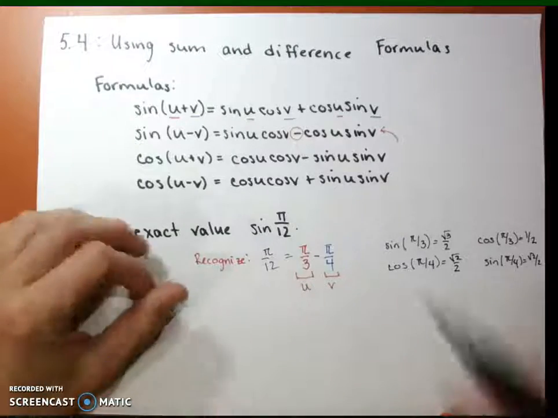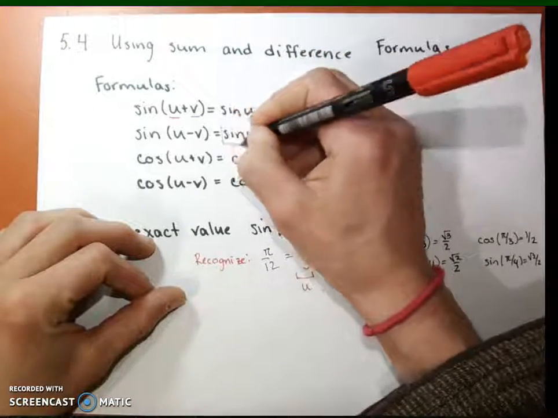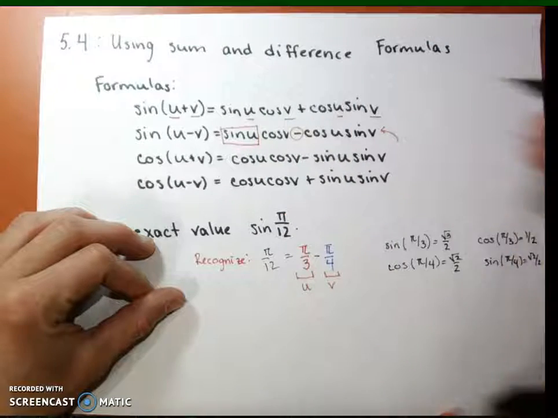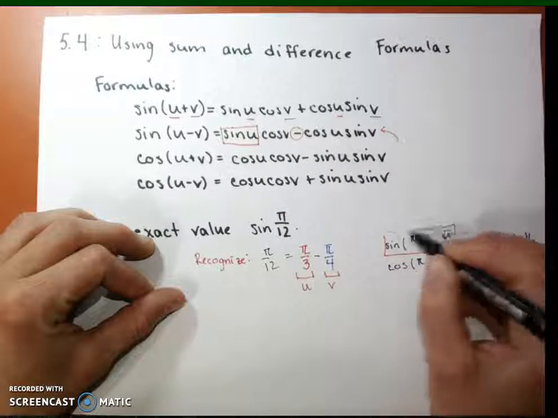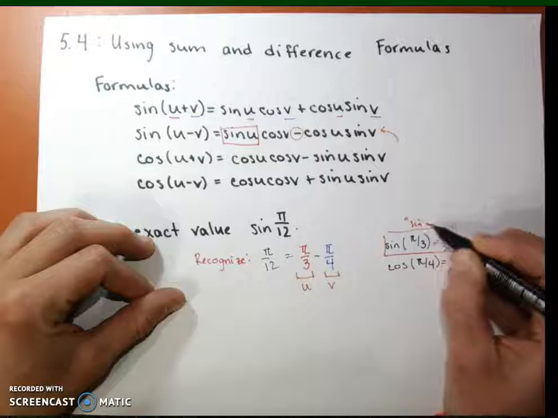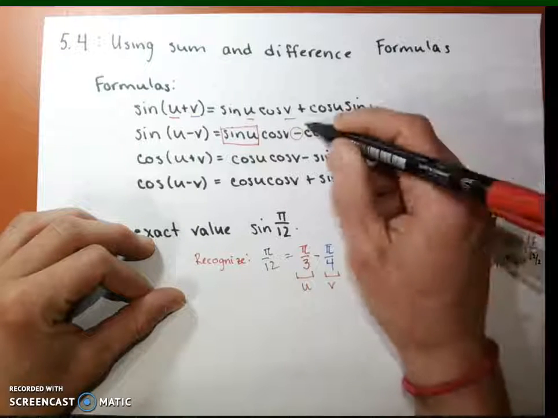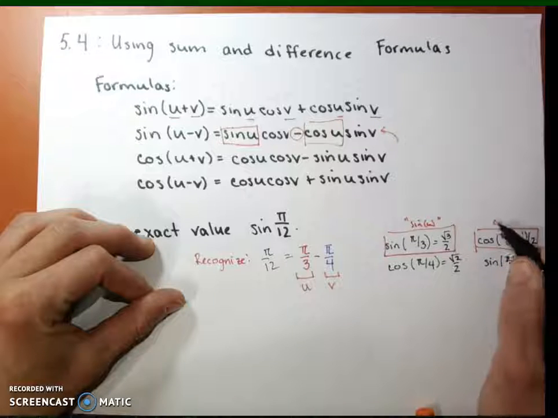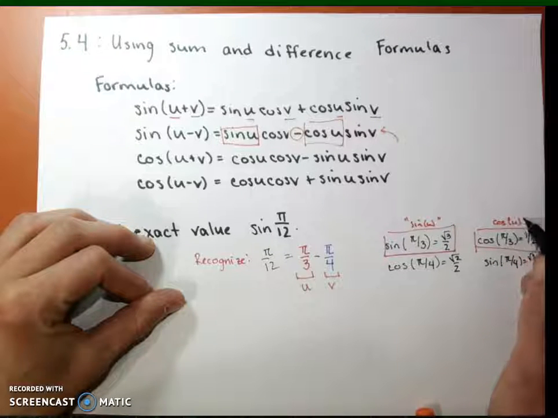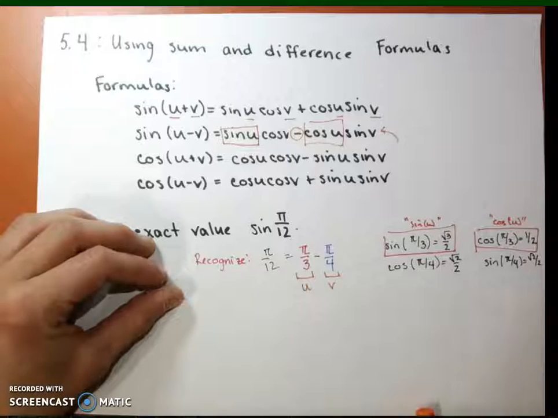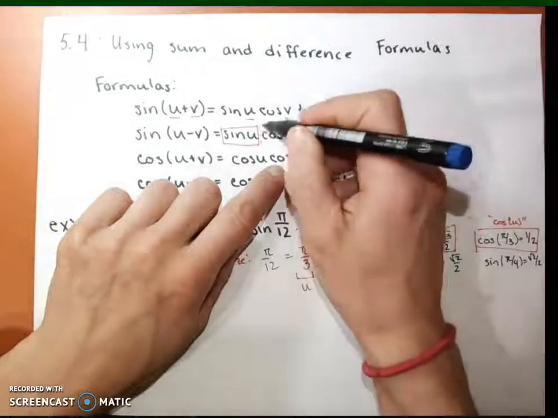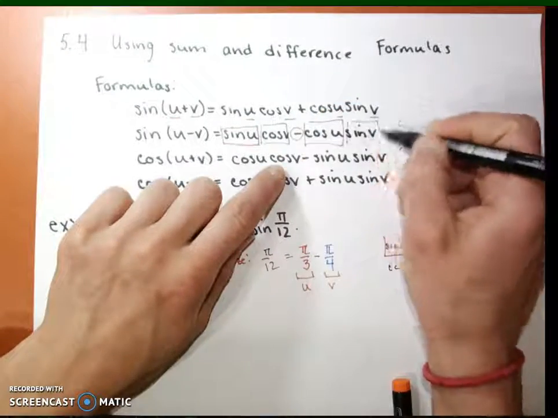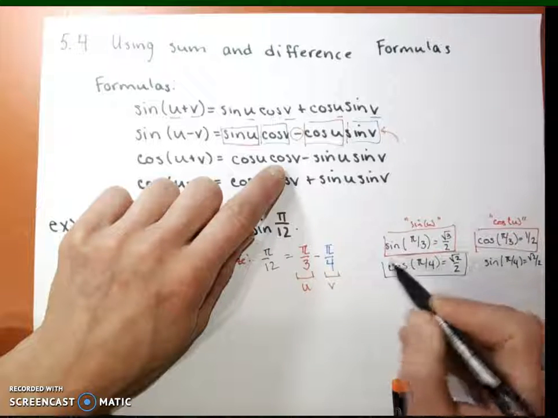So let me just use some colors here. So first we're going to plug sine U in. This is sine U. And then cosine of U. And then we'll do cosine of V and sine of V. So we're just plugging into this formula.